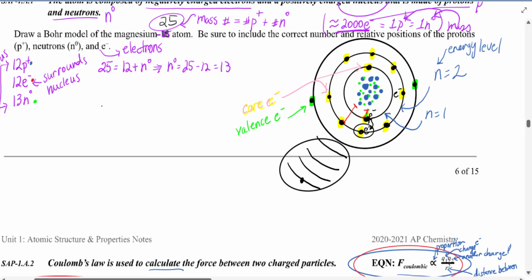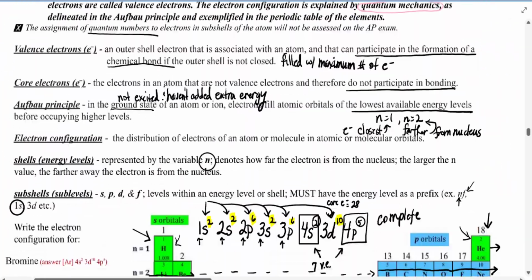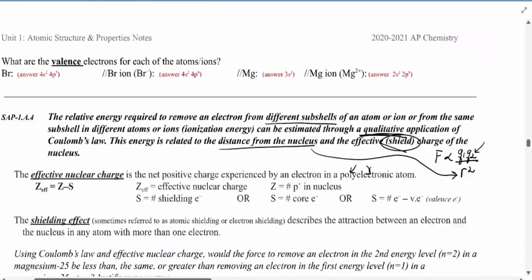There's an electron on energy level 1 that is repelling the electron in energy level 2. So the electron on energy level 2 experiences less of a net force, and that's what the effective nuclear charge is talking about.